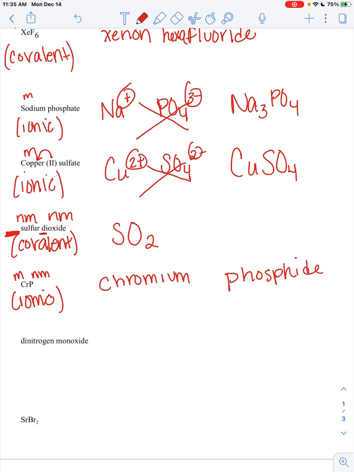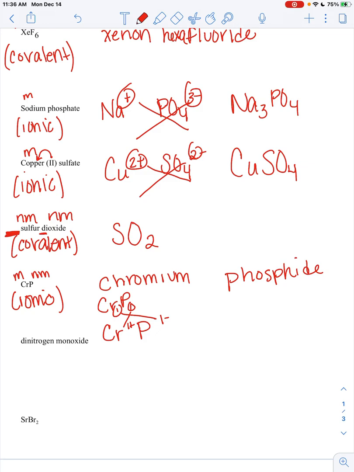But because chromium is a transition metal, we need to figure out what the Roman numeral is. So we take our formula and we split it up. We then uncrisscross, and we get 1 plus and 1 minus.